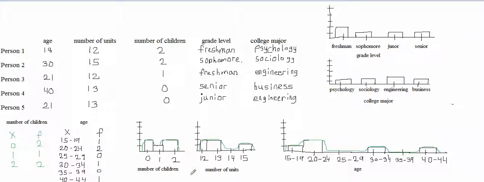Number of units. Well, number of children does look kind of flattened out, so that's why it has that value of -3 for kurtosis.